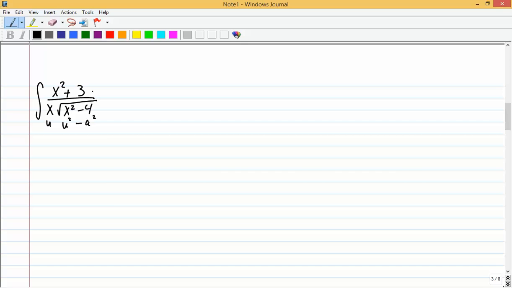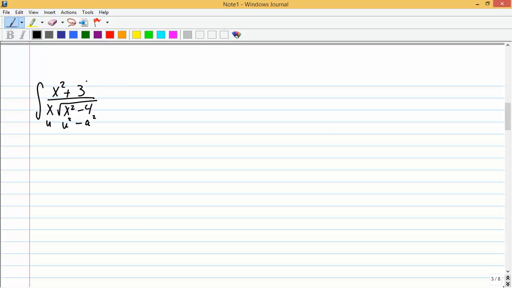If I had just a constant up here, so let's pretend that this x squared was gone and I just had a 3, then my u is x, so my du is 1, and it would fit the formula for arcsecant, right, which you should be familiarizing yourself with.